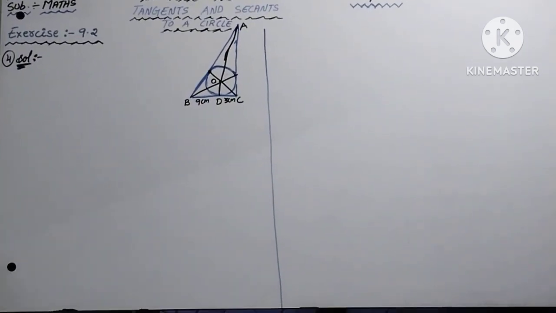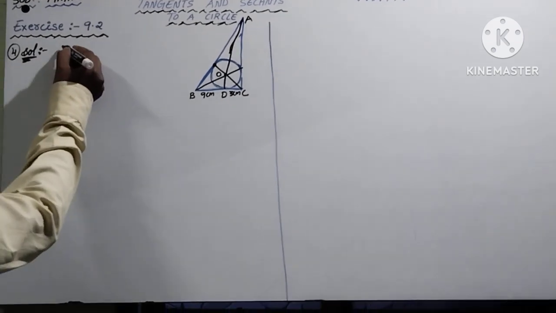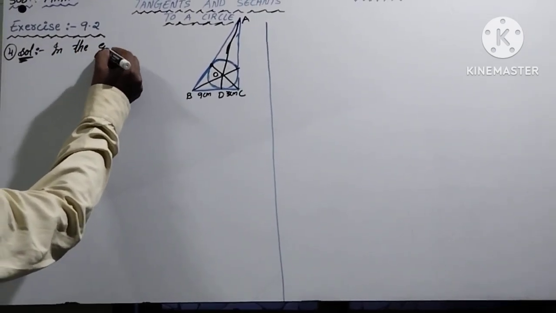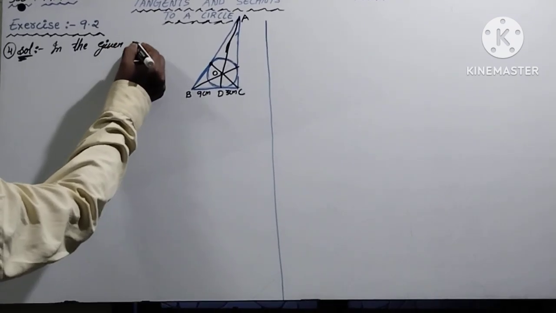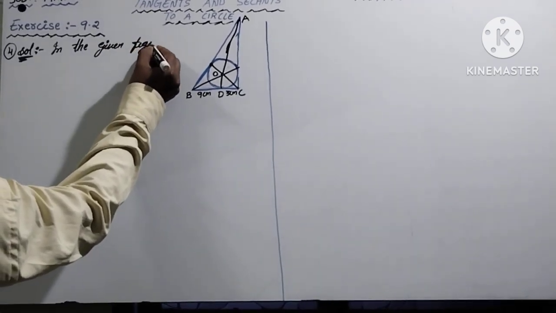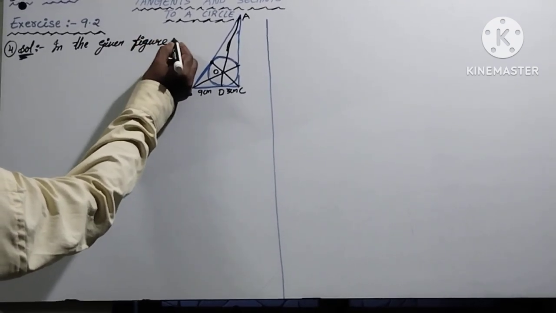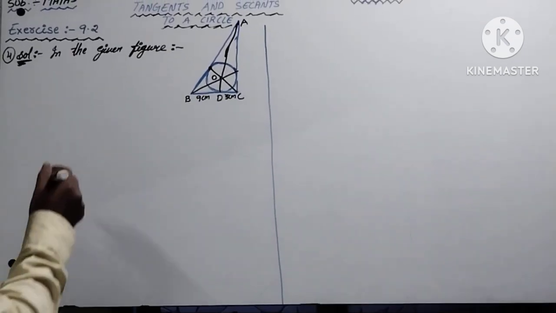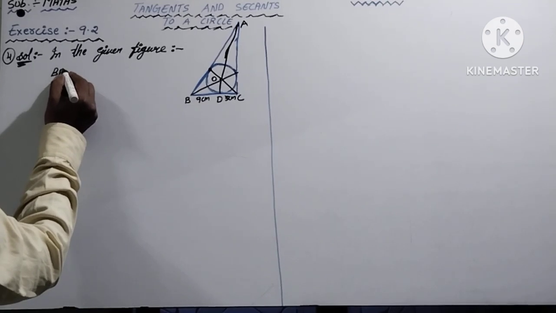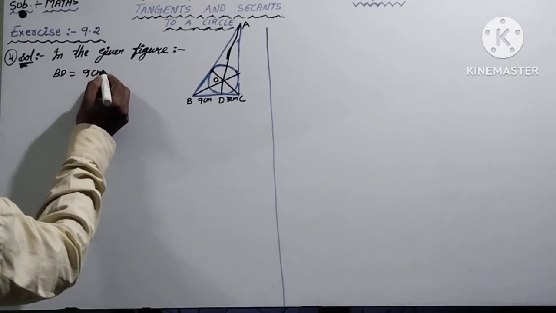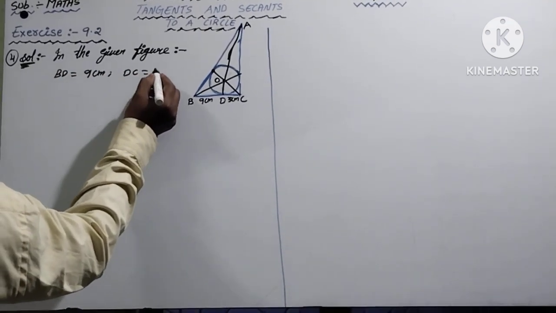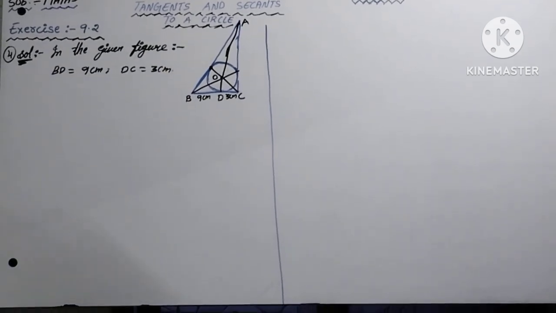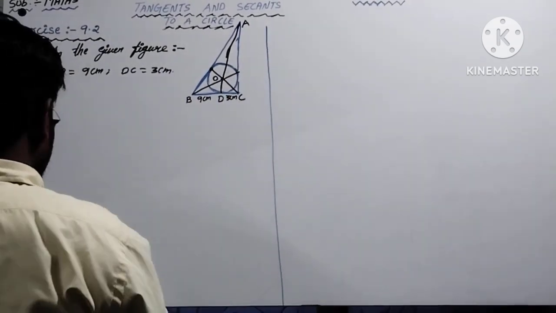Now in the given figure, let's take the solution. BD is given: BD is equal to 9 centimeters and DC is equal to 3 centimeters.